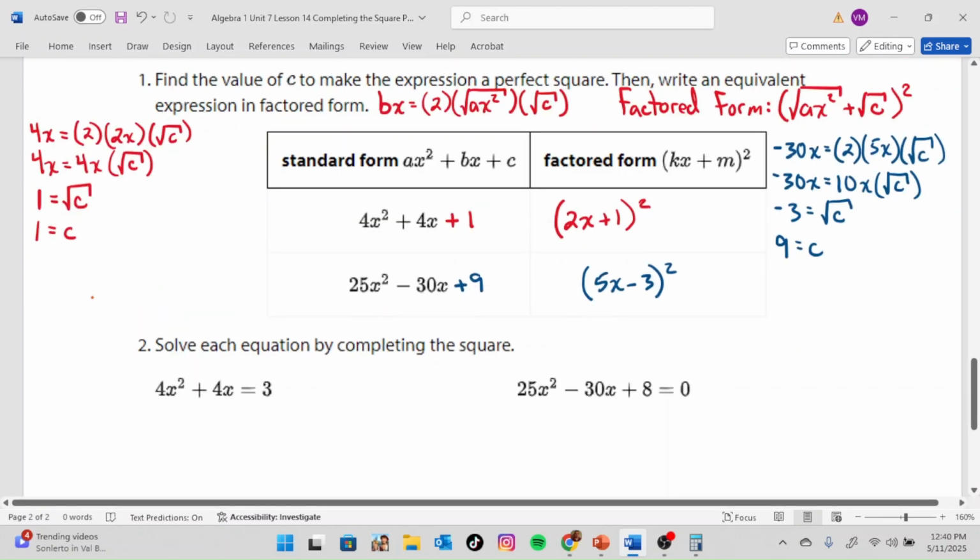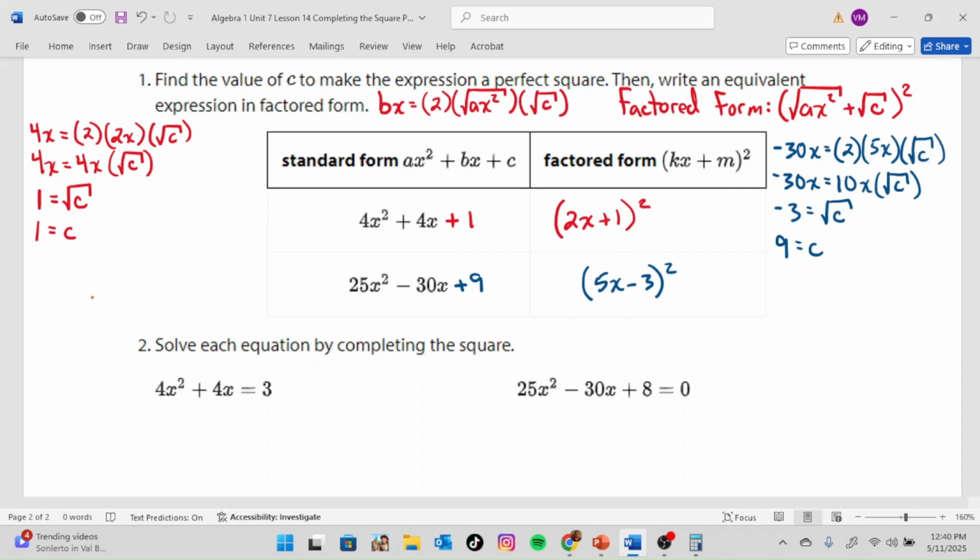So let's look at number 2. Number 2 wants us to solve each equation by completing the square. Well, we just found the first example right up here. So I know that I've got 4x squared plus 4x equals 3, but we set up here to complete the square, the c term is going to be 1.